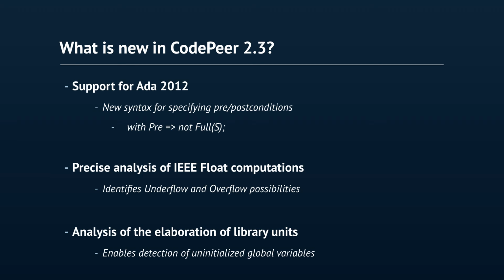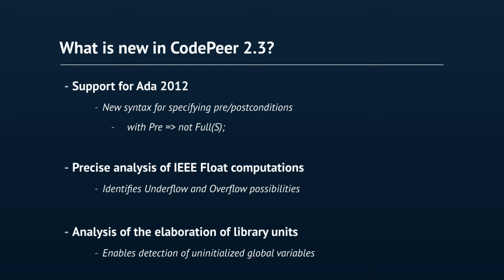Ada 2012 being particularly interesting because it now allows users to specify pre and post conditions, in addition to CodePeer inferring them. And in fact, you could look at the ones that CodePeer inferred and then add those explicitly if you find them to be useful. And now they would be checked at runtime by the compiled code, as well as being checked statically by the CodePeer tool.